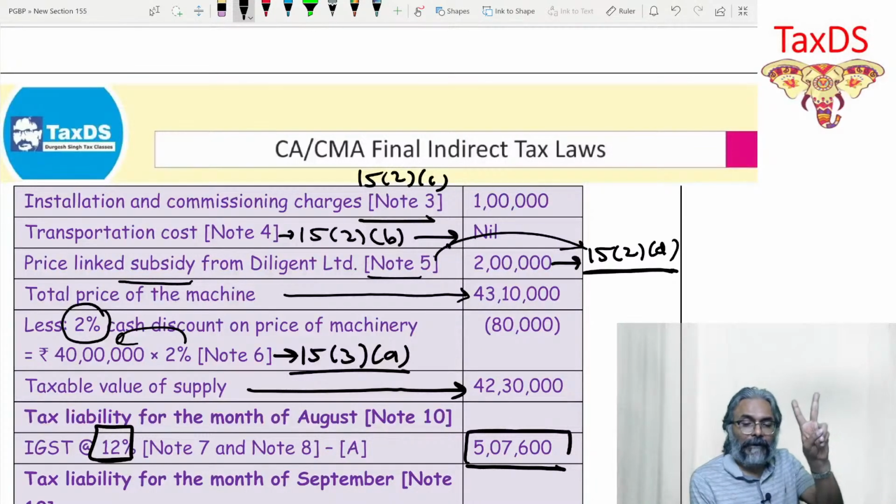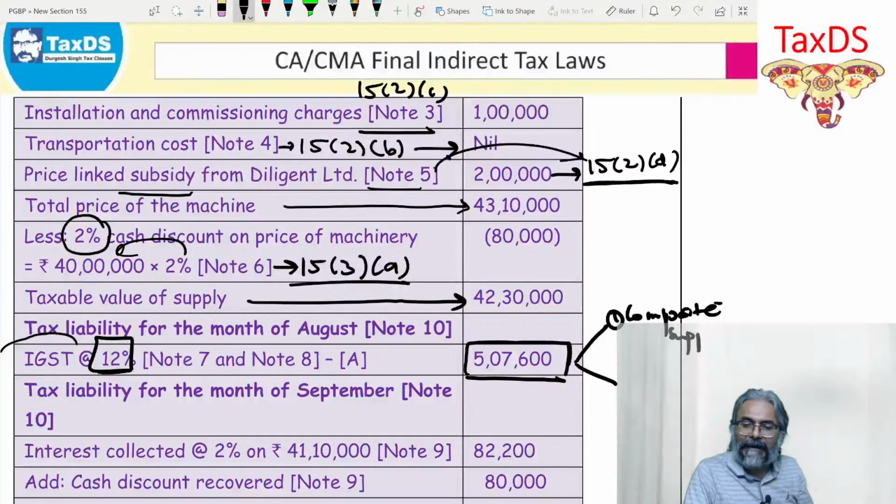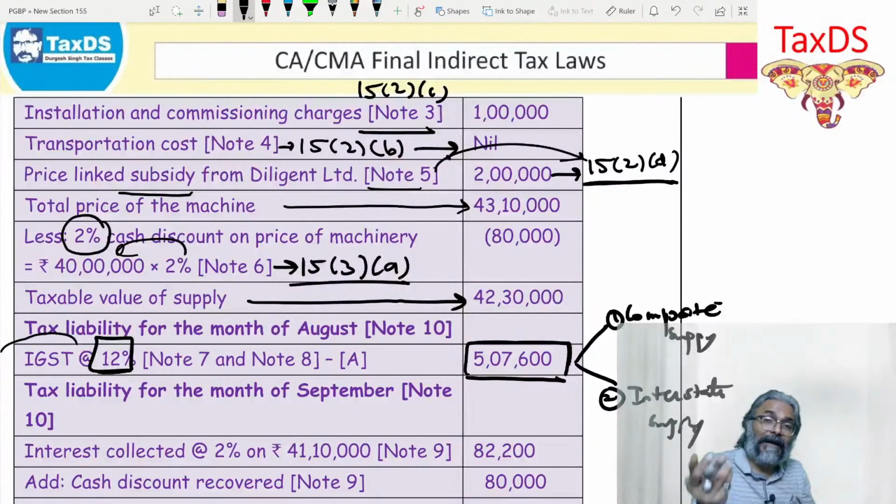Two things you have to write over here. First, why am I taking IGST? So this note will have two notes. First is about composite supply. And why IGST? Interstate supply. Write this one. Why have I taken IGST?